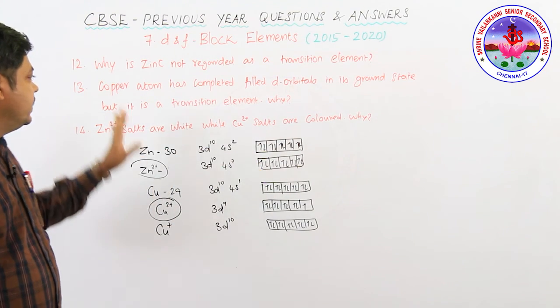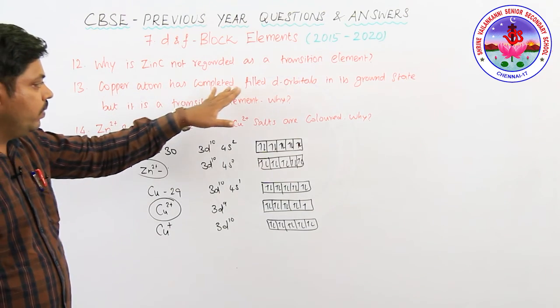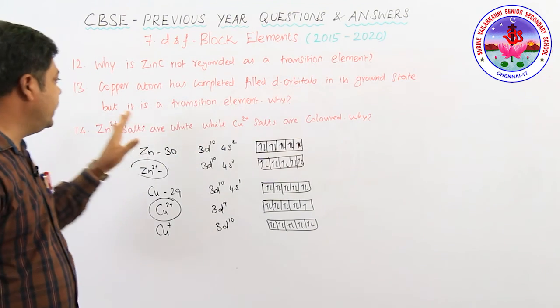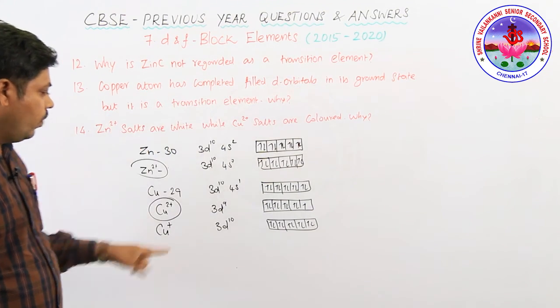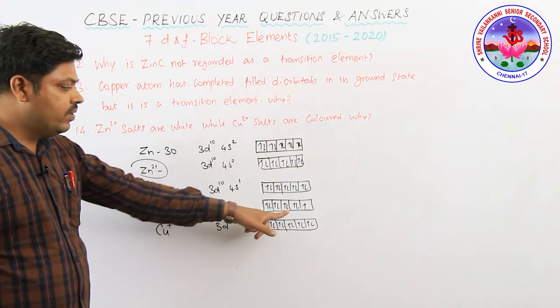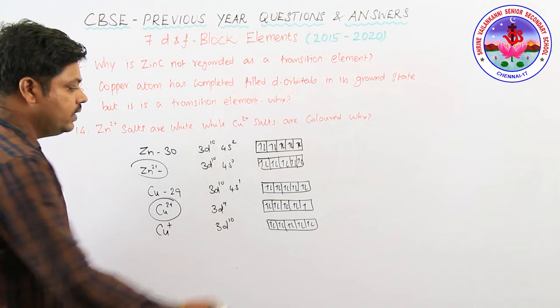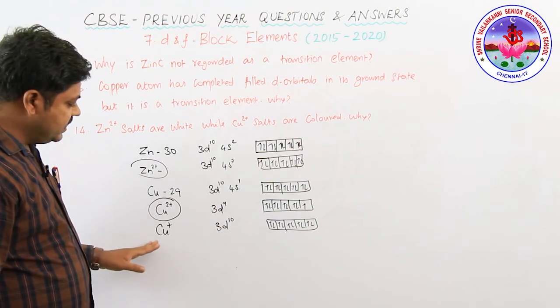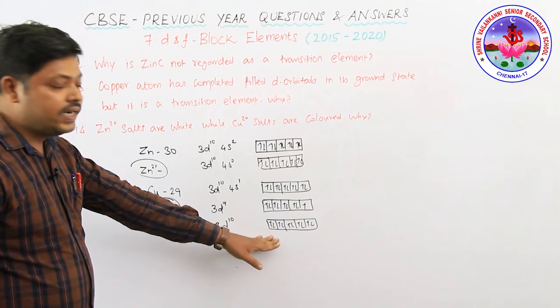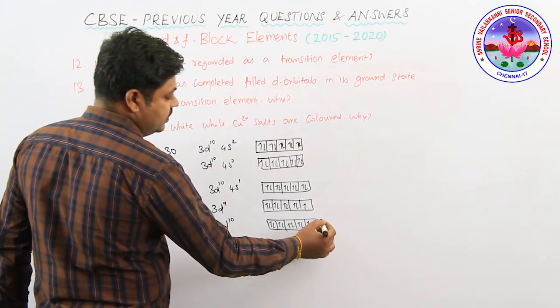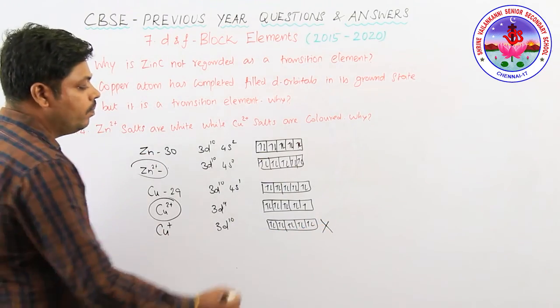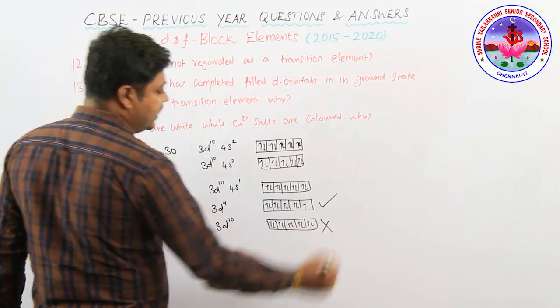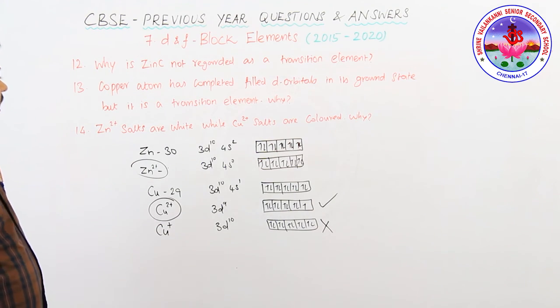Then the copper atom has completely filled d orbitals in the ground state, but it is a transition element. Why? The reason is the presence of unpaired electrons in the 3d9 configuration. But Cu plus is not considered as a transition element, while the 3d9 Cu2 plus is considered as a transition metal.